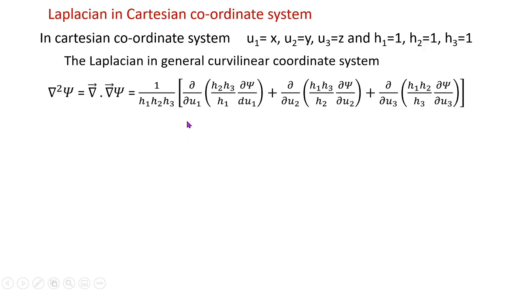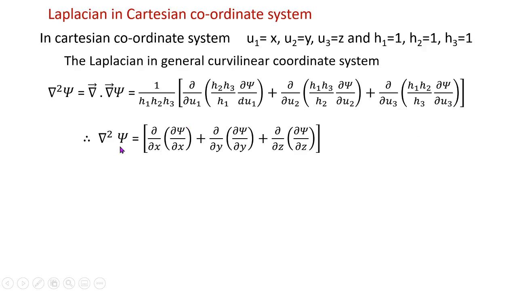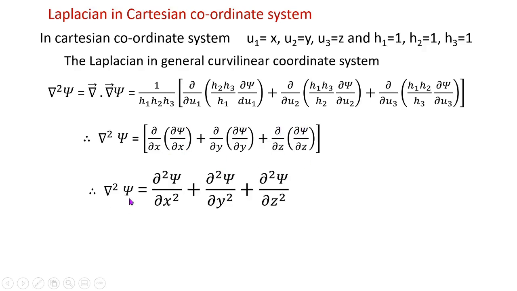h3 equal to 1. Then we get del square psi is equal to del by del x of del psi by del x plus del by del y of del psi by del y plus del by del z of del psi by del z. Or del square psi is equal to del square psi by del x square plus del square psi by del y square plus del square psi by del z square.